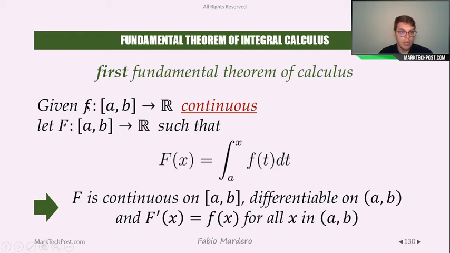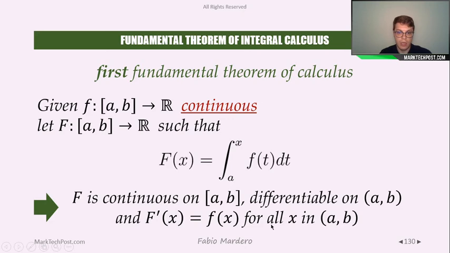Then, since f is continuous, capital F is continuous on [a, b], differentiable on (a, b), and thus the derivative of capital F is equal to f, which means that this is the formulation of an antiderivative.